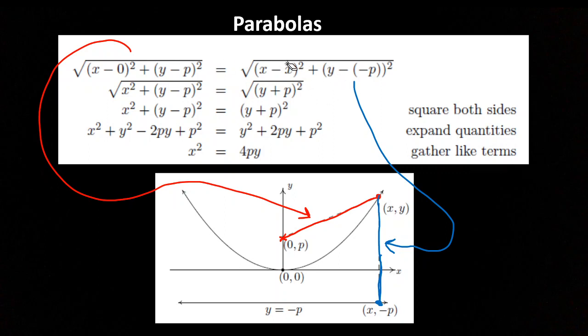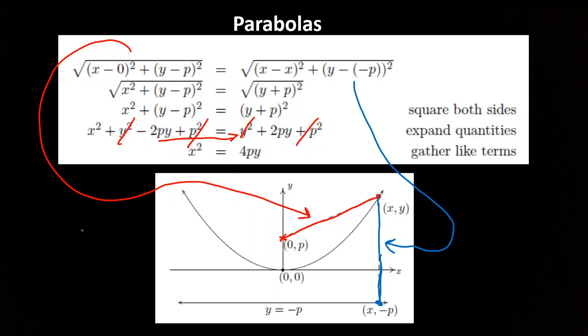You set them equal to each other and square both sides. Simplify. This one cancels that one. This one cancels that one. So this one goes to the other side and becomes a positive 2py. 2py plus 2py is 4py.